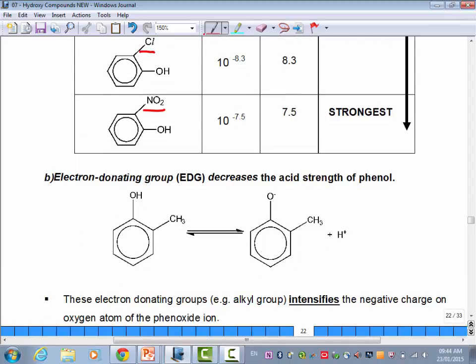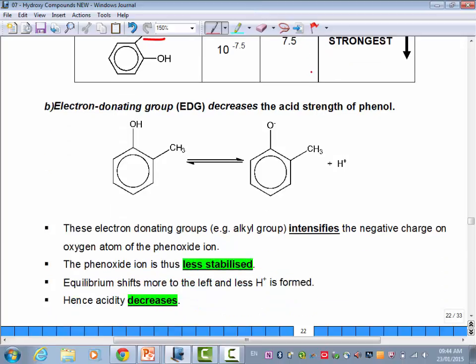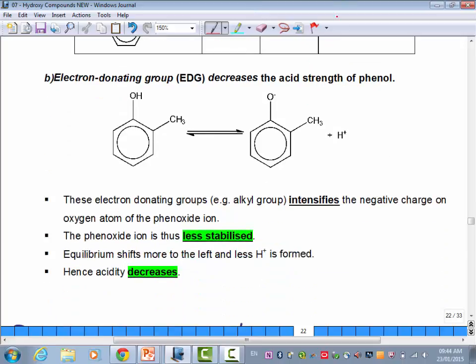Now, instead of having an electron withdrawing group on the benzene ring, if you were to change it to an electron donating group, for example an alkyl group, what happens? After acid dissociation, the electron donating group will transfer electron density towards O minus. This will intensify the negative charge, making the phenoxide ion less stable.